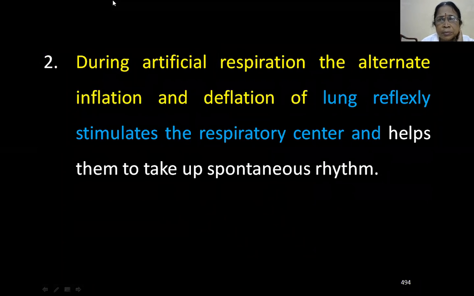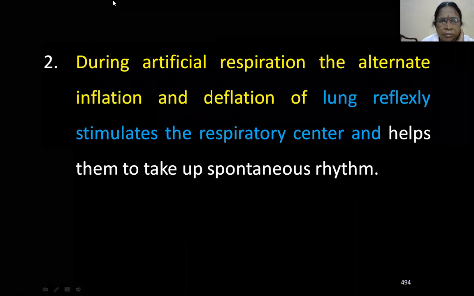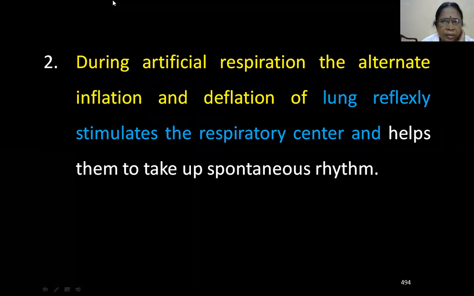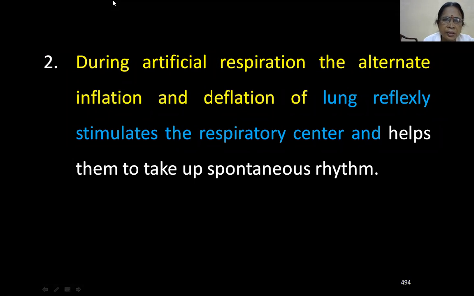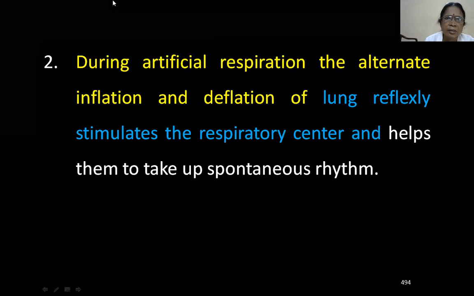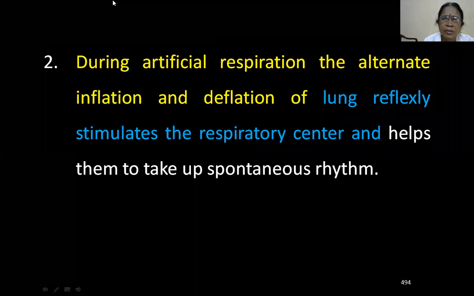During artificial respiration, the main thing we do is give alternate inflation and deflation of the lungs. Inflation causes inspiration and deflation causes expiration. This procedure helps in inspiration and expiration spontaneously.